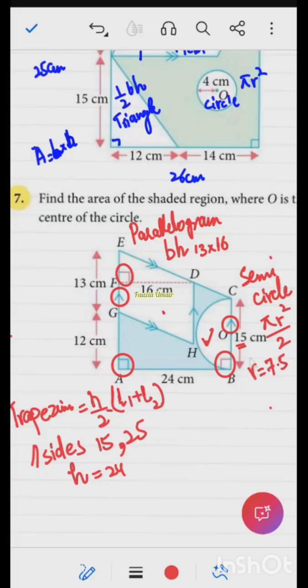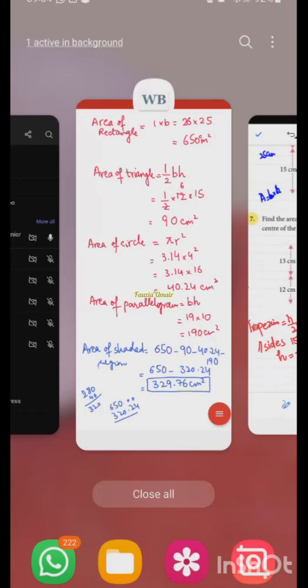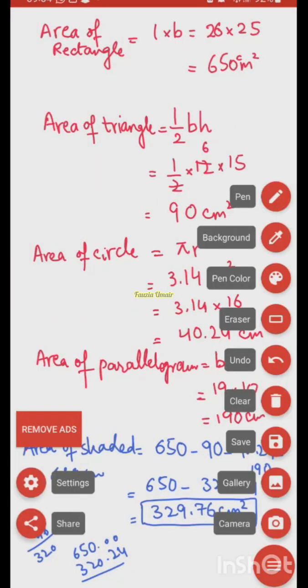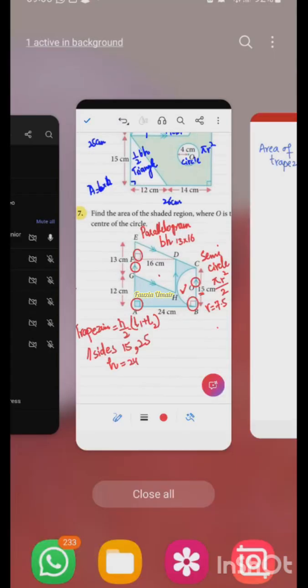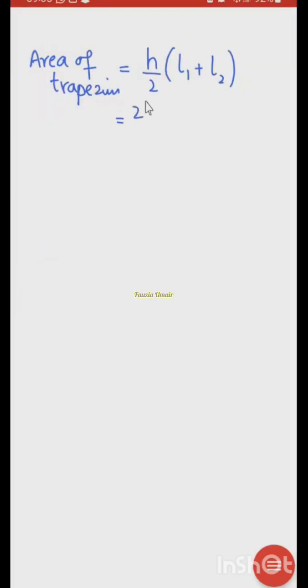Now because we have figured out everything in the question, we have brainstormed about it, we will just solve it. I'm using the whiteboard again. We need to find the area of trapezium. Area of trapezium is h by 2 multiplied by L1 plus L2. H is 24 by 2, and L1 plus L2 is 15 plus 25.